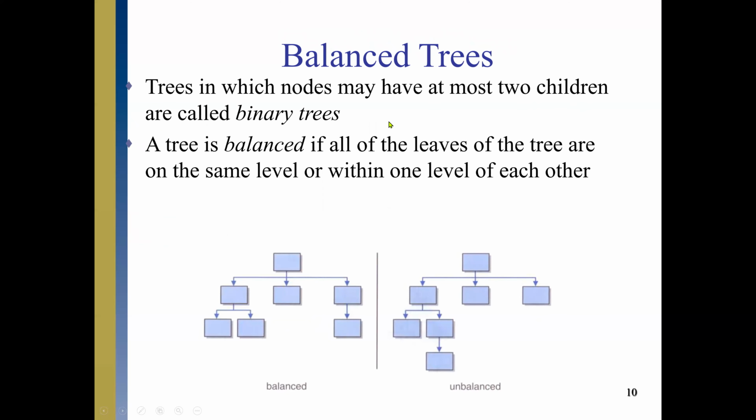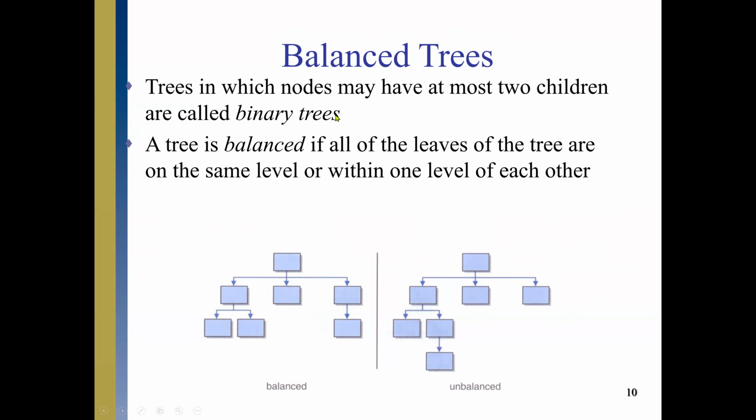So again, there are a few definitions here. What is a balanced tree? We say a tree in which each node may have at most 2 children is called a binary tree. Again, the keyword is at most. So each node may have 0, 1, or 2 children, not more than 2.